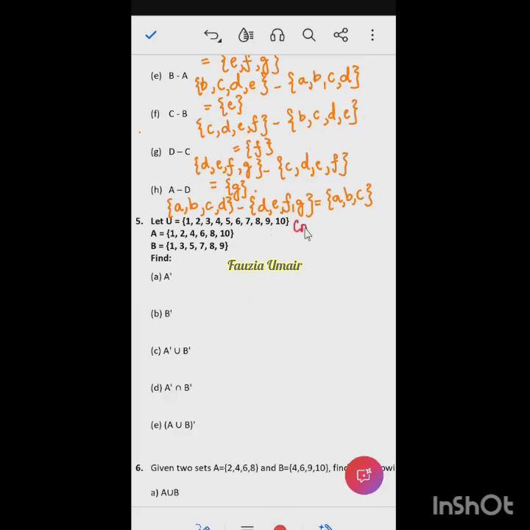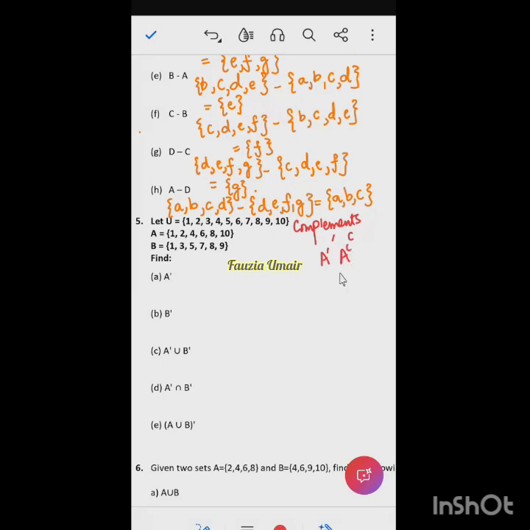Complements are denoted either with a bar or with a small c on the top of the set. For example, if I want to say A complement, I will write A with the bar on the top or A with a small c on the top.